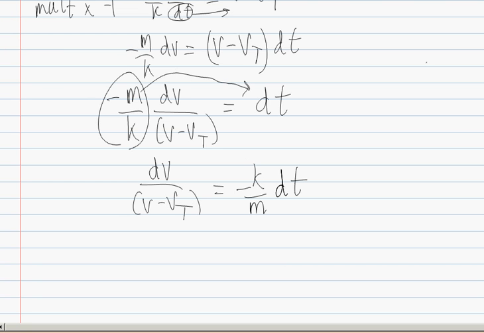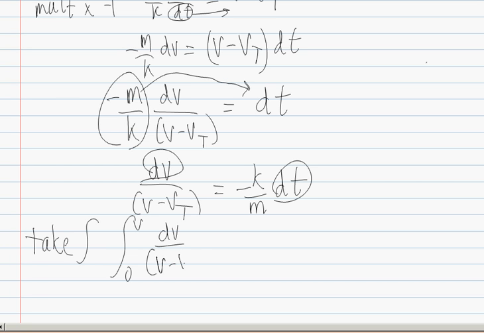Now if you look, I have a little thing here and a little thing here. So the only way to really reduce this is to actually take an integral. On the left side, it's going to be from 0 to whatever velocity we pick. So it's going to be the integral from 0 to v of dv over v minus vt. And here it's going to be minus k over m dt, from 0 to t.